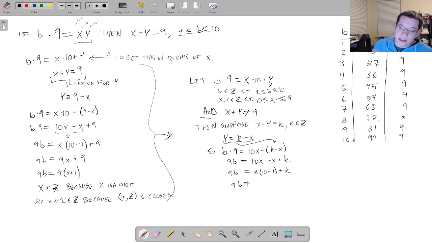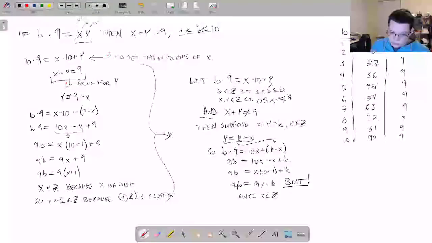So 9b is equal to 9x plus k, but that means since x is an integer, since x is in Z, this is in the form of that divisible thing.